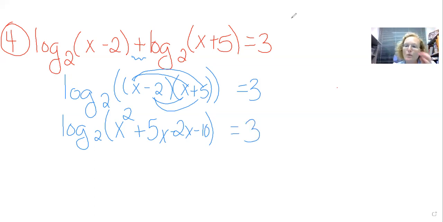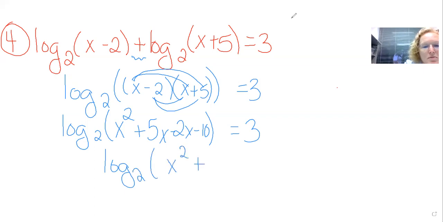And then if you look at that, when you FOIL something, almost always you can combine something. And so we can combine the positive 5x and the negative 2x. So this is going to be the log base 2 of x squared plus 3x minus 10 equals 3. Now, y'all, this is a lot of work, and to be honest with you, we're only about halfway done.